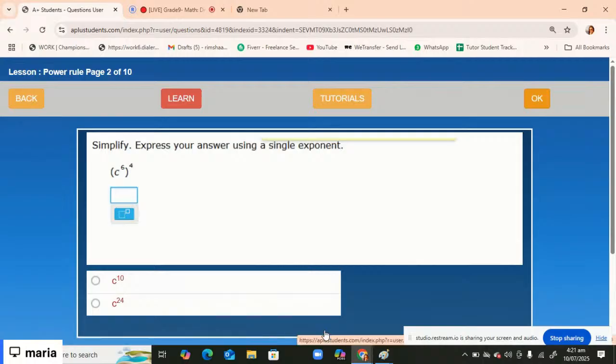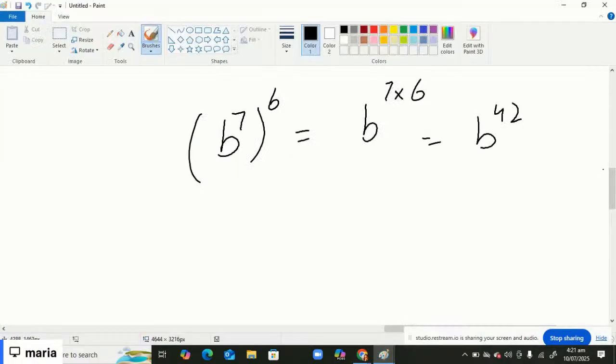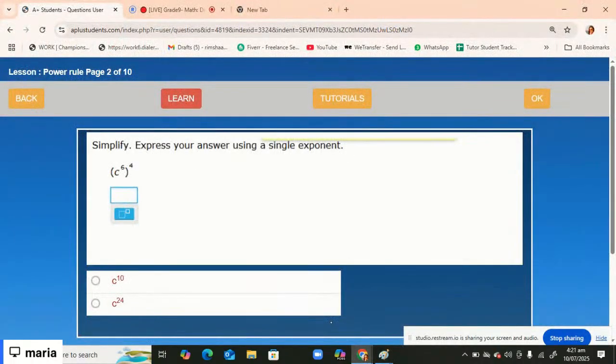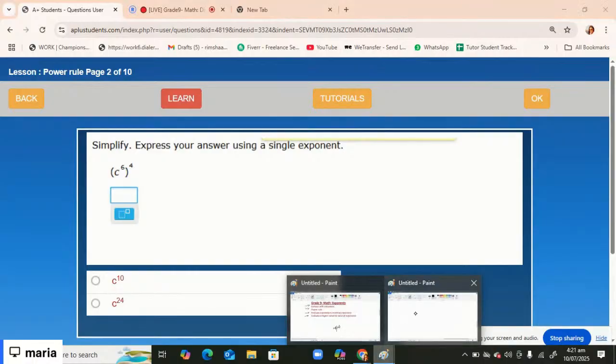Simplify and express your answer using a single exponent. Here different variables are used. Sometimes they use A, B, C, and every kind of letter. So here they are using c to the power 6 and then raised to the power 4. Okay, let's do it.